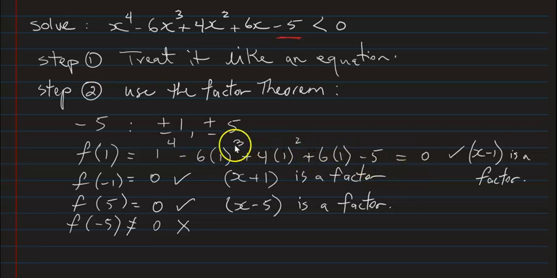I chose just the first one as an example, but you do the same thing for each one. For f of -1, you plug in -1 for x, and for 5, you plug in 5 for all the x's. Notice that the first three give you 0, but the last one, f of -5, doesn't give you 0.